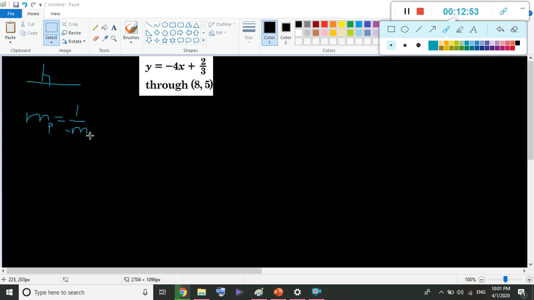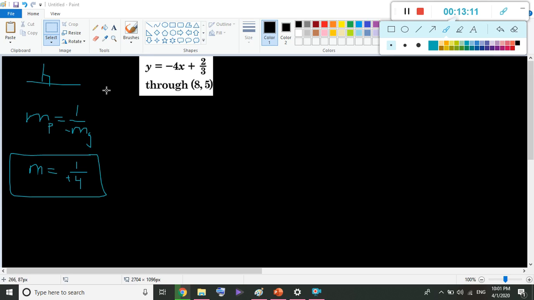So the slope for the perpendicular line equals 1 over negative, so it's going to be positive 4. So this is the slope.